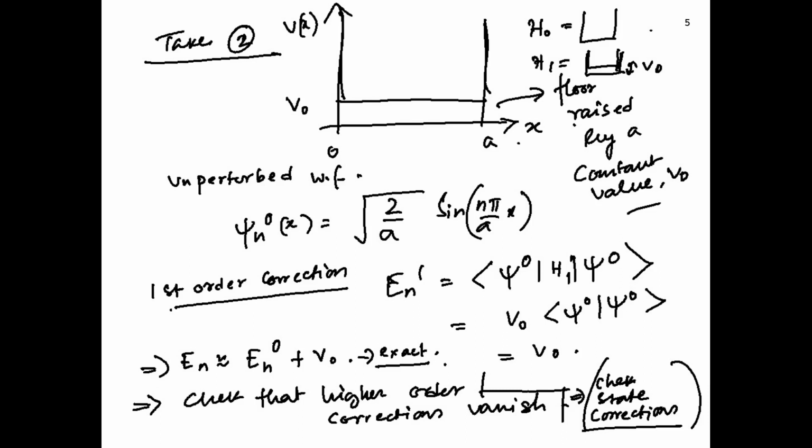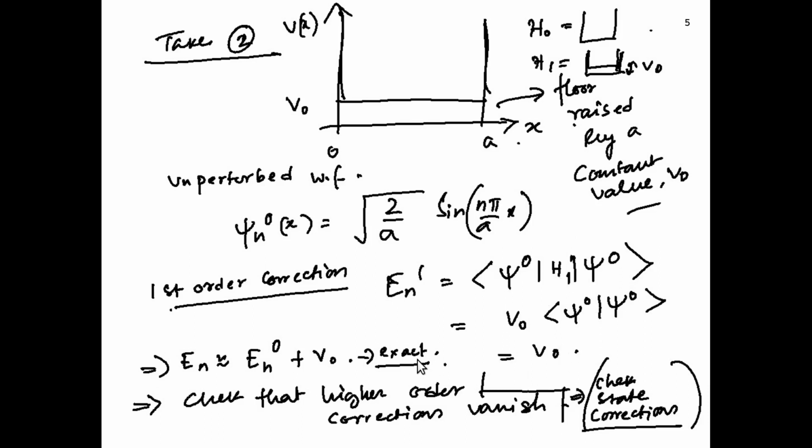Okay, so what is this potential V(x)? We just shift it by a constant amount V naught, and the unperturbed wave function is psi n0 of x, which is root 2 by a sin(n pi x by a). So the first order correction, you know, is the simple and famous formula, and that is V naught.